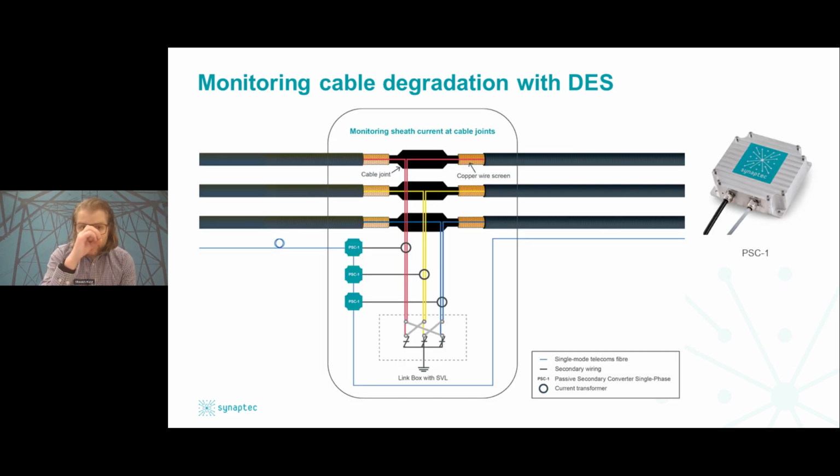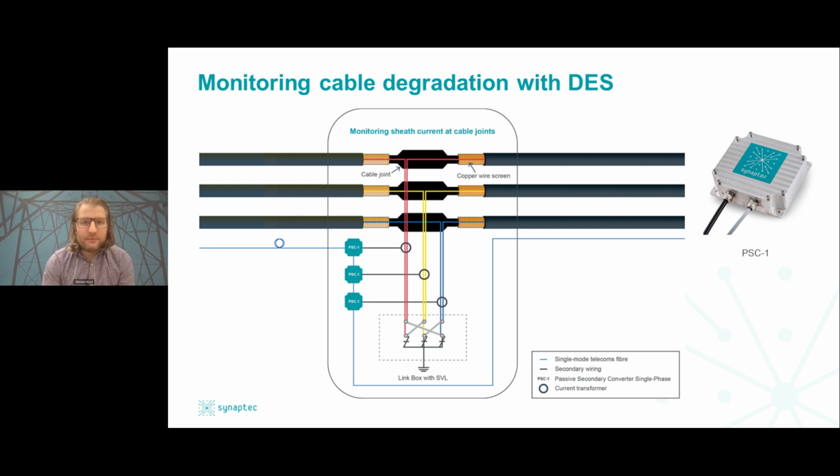So moving on, to make things a little bit more practical and clear about how we achieve this, this is one way we would measure a typical joint in an HV grid system. You can think of this like a typical link box for a high voltage cable.